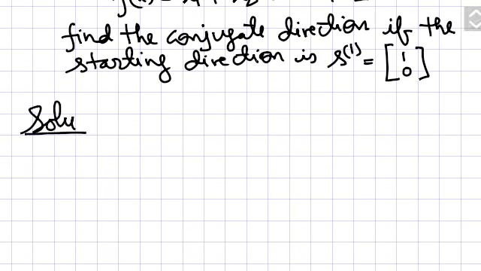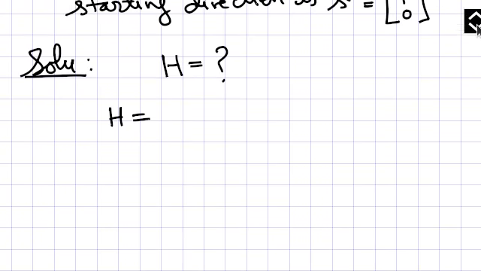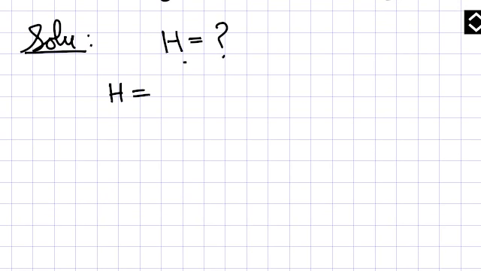In this method, what we do is that we first find the Hessian matrix. What is the Hessian matrix? You can find it very easily, because I have explained the method in much detail in a previous video lecture. I am directly writing the result here.